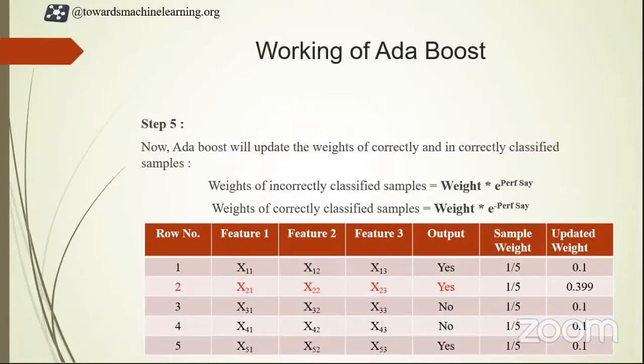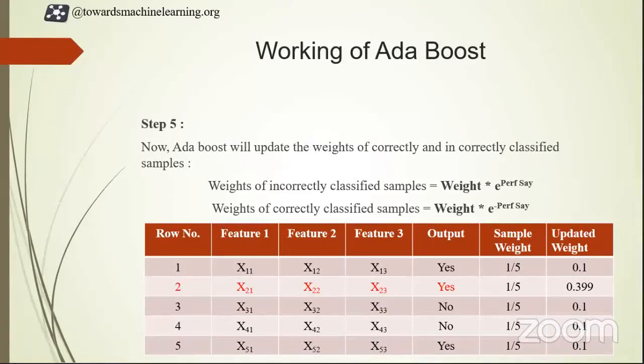We will be using this performance say to update the weights of the incorrectly classified samples and the correctly classified samples. For incorrectly classified samples, we will be multiplying weight times e to the power of performance say, and for correctly classified samples, we will be doing weight times e to the power of minus performance say.